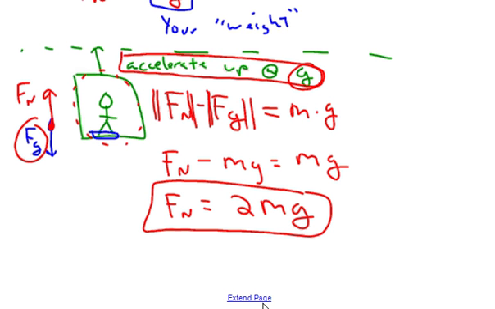So if the elevator accelerates upward at a rate equal to the gravitational constant, the scale is going to show you weighing twice as much.